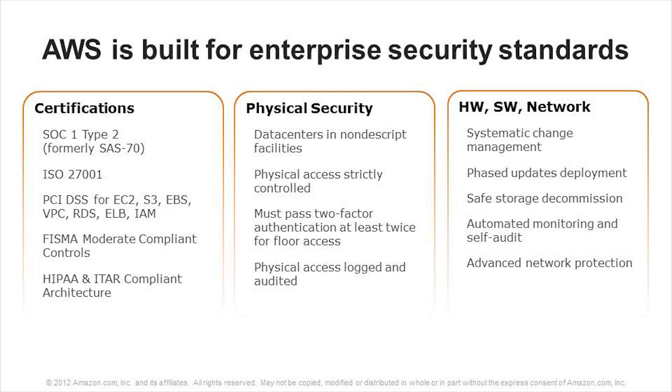We have a set of documented procedures for decommissioning storage, including degaussing magnetic devices and then shredding them into tiny little bits of metal and plastic. There's a number of automated monitoring and auditing facilities built into the system as well. Again, if you have any questions about these, please feel free to enter those questions, or I would also refer you to our security white paper.